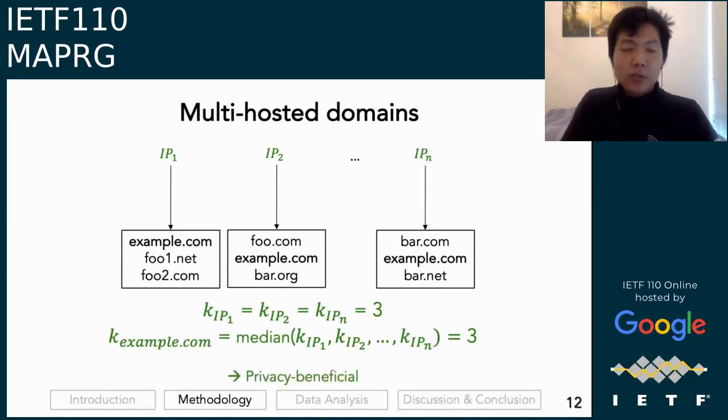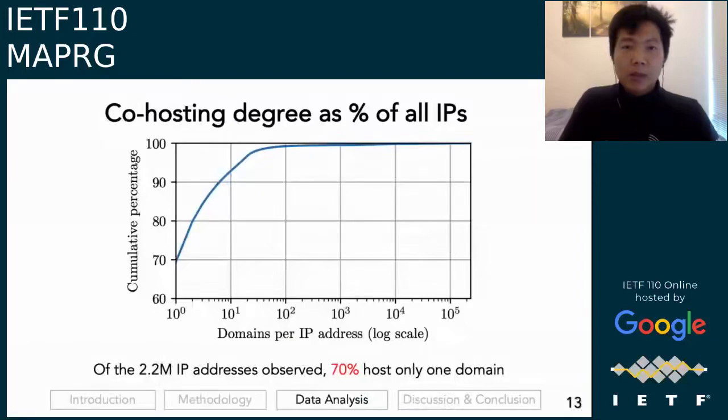We refer to this as a privacy beneficial case, because from the adversary's point of view, just by seeing the IP address, they cannot say which domain is actually being visited, because everything else is encrypted.